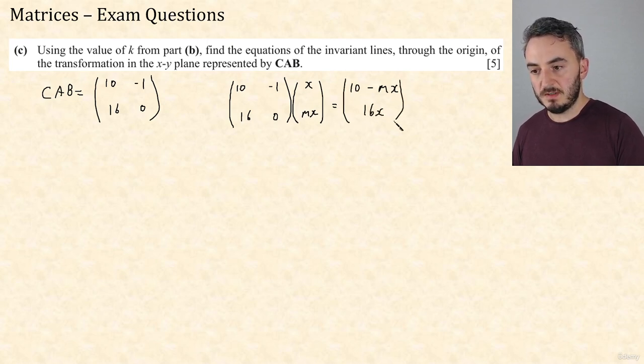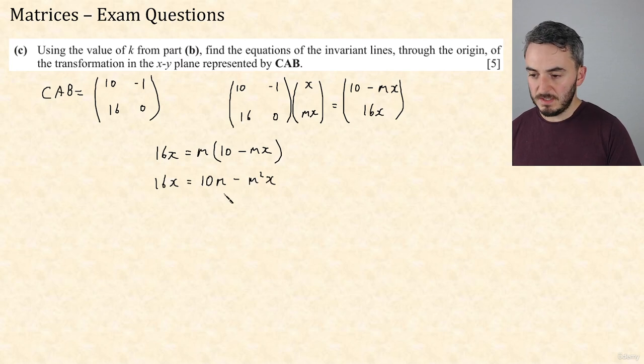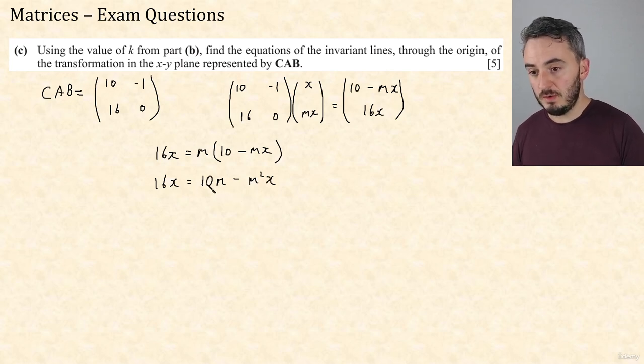Now the key point to this is that this should conform to the equation y equals mx. So the y value, 16x, should equal m times the x value, 10 minus mx. Okay, so multiplying this out, we get 16x equals 10m minus m squared x. Now, this is a little bit unusual because in this case we do have the constants and the x values.